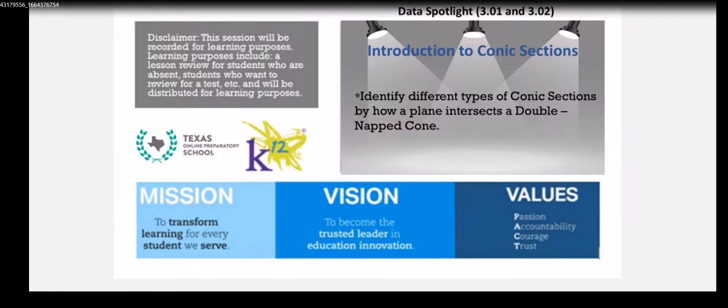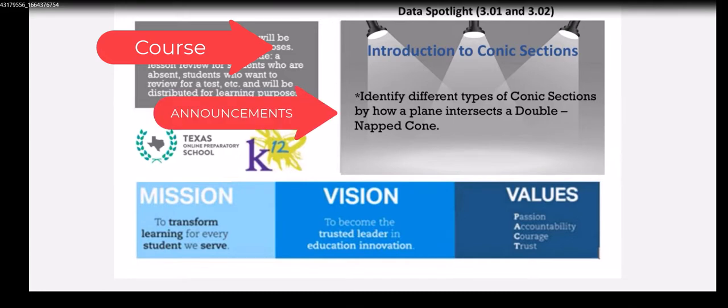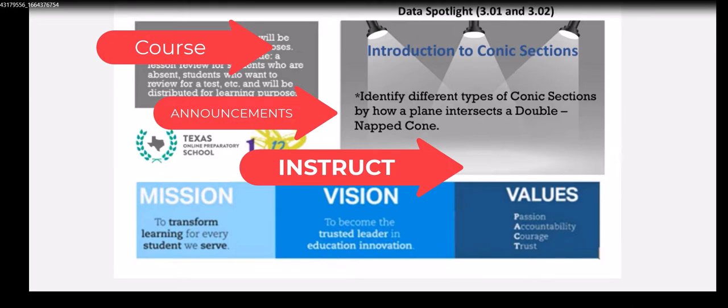All right, we're going to go through this second part pretty quickly because 3.01 and 3.02 is all that you have to do this week. But you know that you've got to get into the course, not just look at the assignments, but look at the announcements, go through the instruct, and take notes, and use those notes on your quizzes and on your tests.